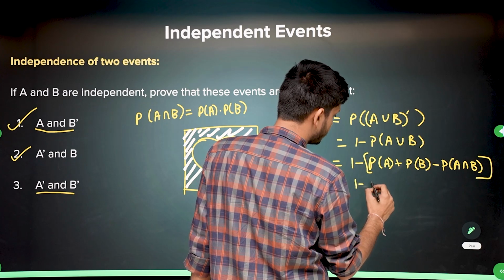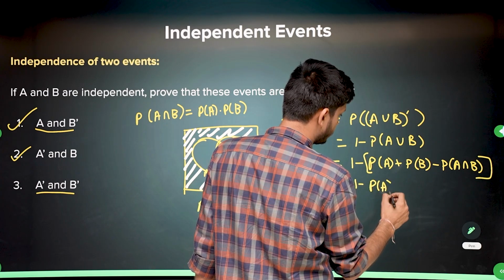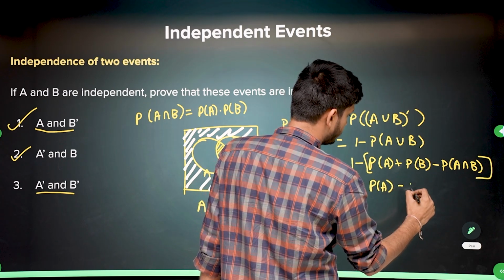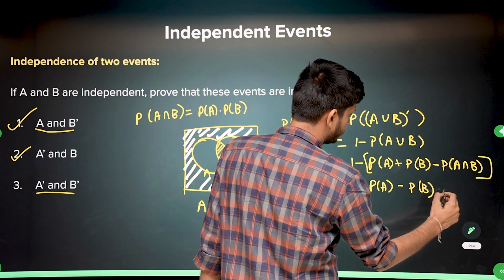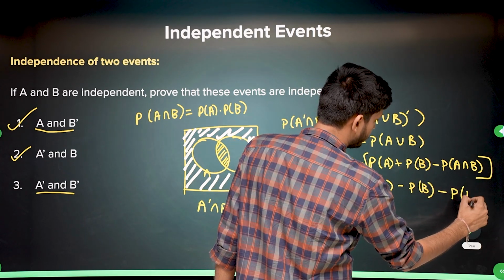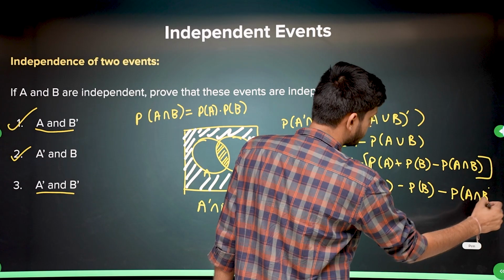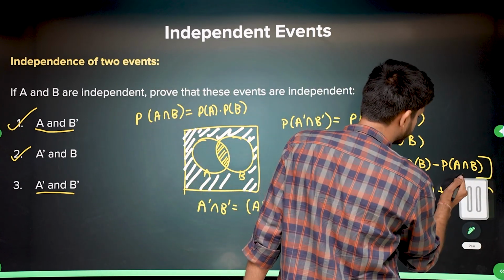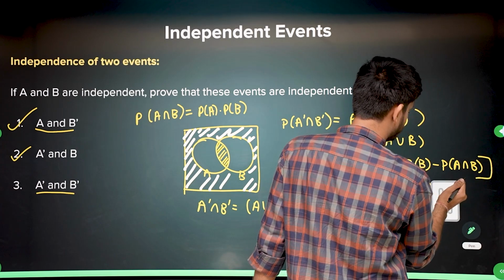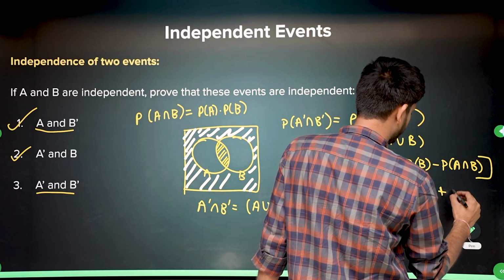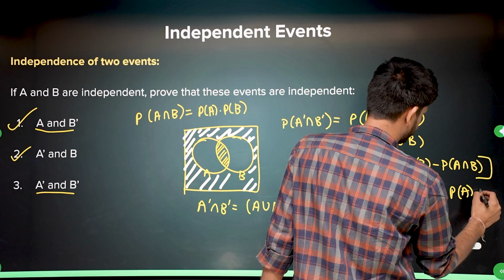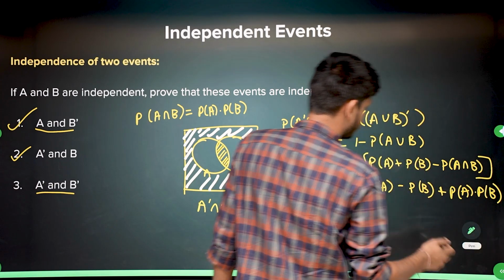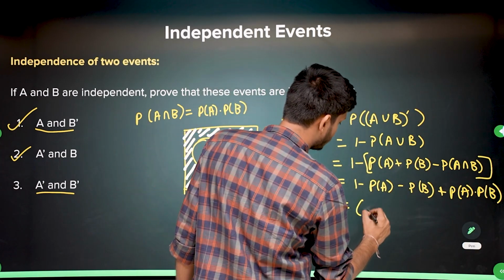It is 1 minus PA minus PB plus PA intersection B, and PA intersection B is nothing but PA into PB. So plus PA into PB. So this entire term is nothing but 1 minus PA into 1 minus PB.